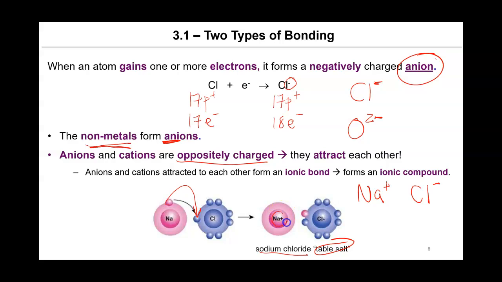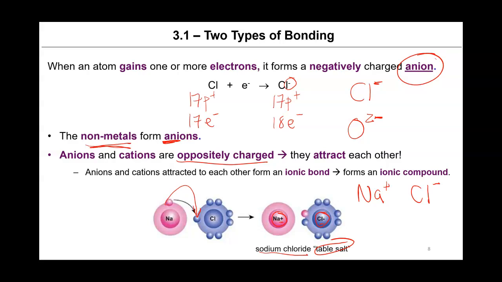This results in the formation of a sodium ion, which has an overall +1 charge, and a chloride ion, which has an overall -1 charge. Now, these ions now have stable octets, so they don't want to react any further. However, we have a positive adjacent to a negative, so they will get stuck to each other.